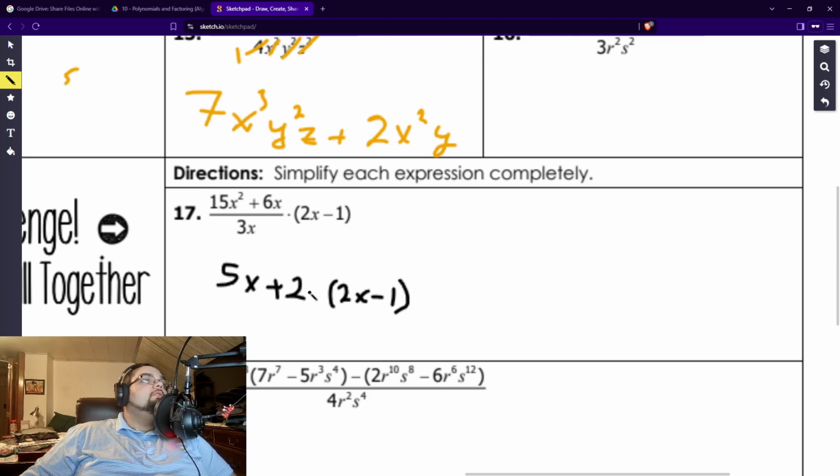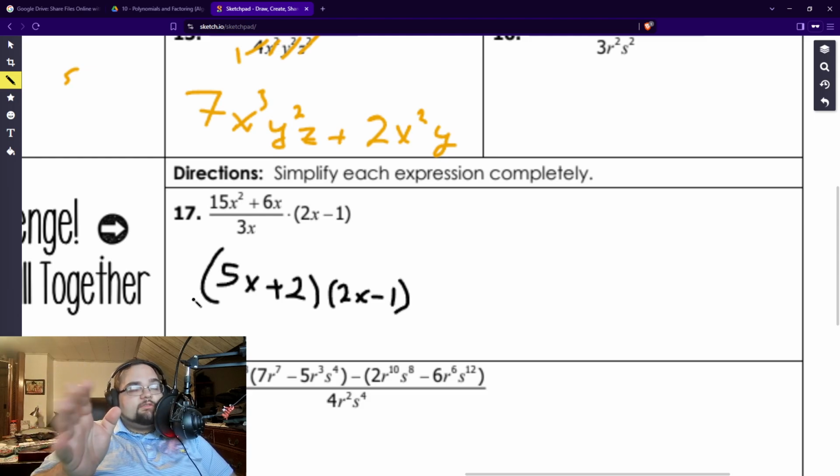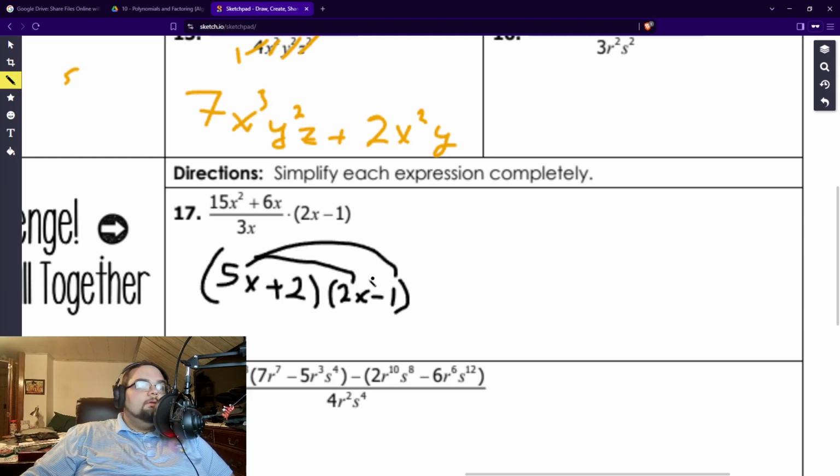Now, you need to keep a note. This whole thing needs to be multiplied. So I'm going to put parentheses around it. And here comes that thing we talked about in the last section. The binomial times binomial. FOIL. First, outside, inside, last.